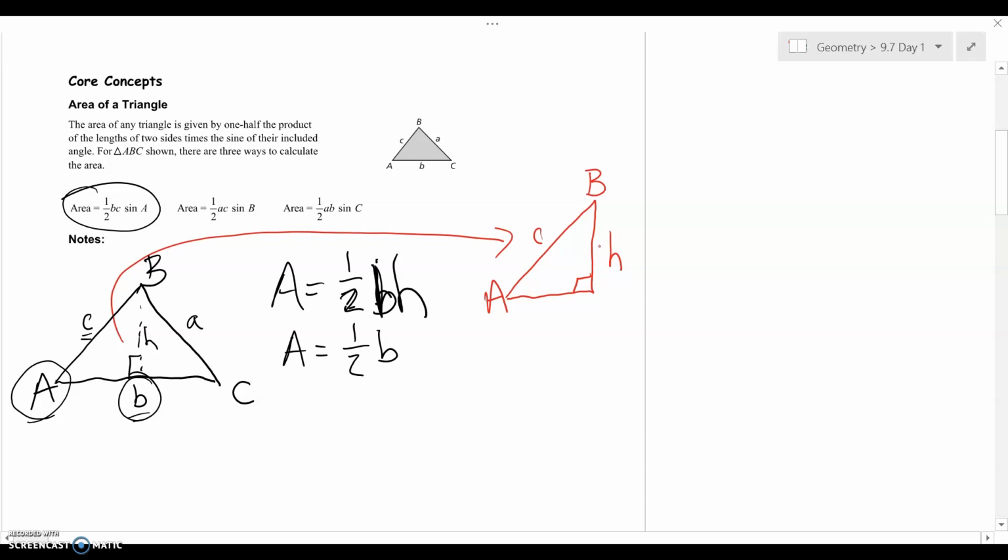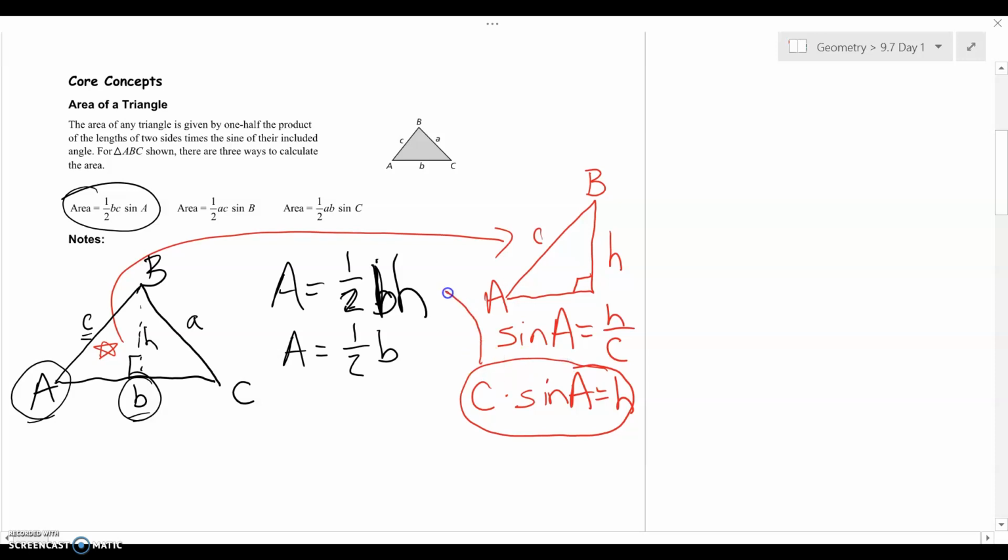Sine of A is h over c. Sine of A is opposite over hypotenuse. We know how to do sine with a right triangle. Then I'm going to multiply both sides by this c on the bottom. So I have c times the sine of A equal to our height. That's an expression for the height of the triangle.